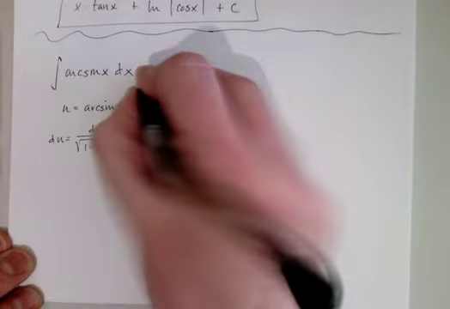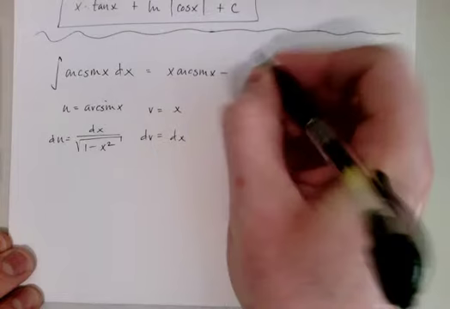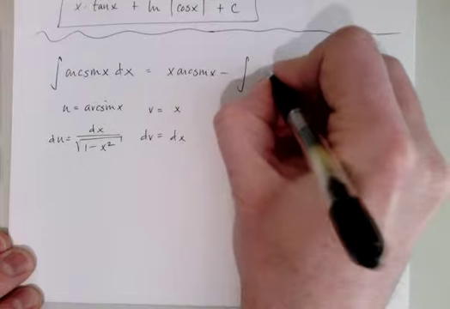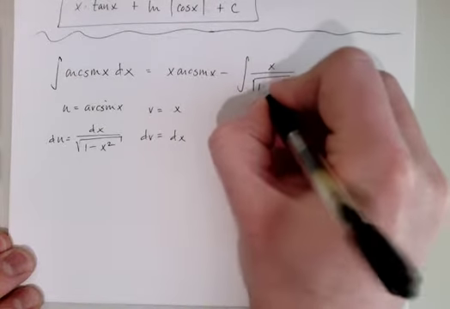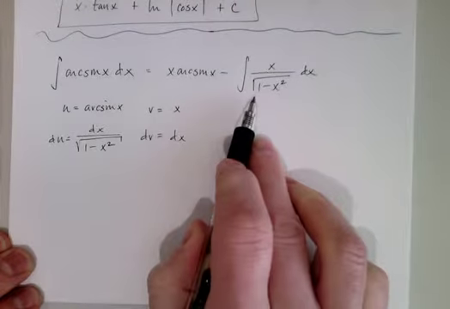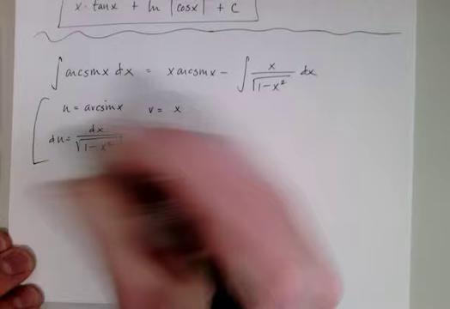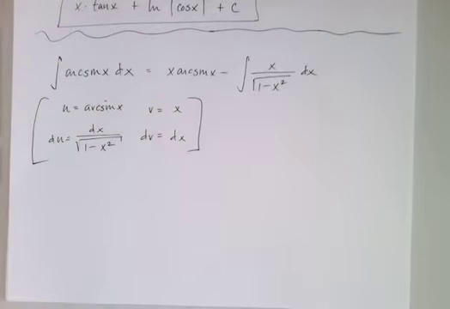Well, that means that I have x arcsine x, minus the integral of x over the square root of 1 minus x squared dx. Well, you know how to do this, or at least you should. That right there is just a simple u-sub.